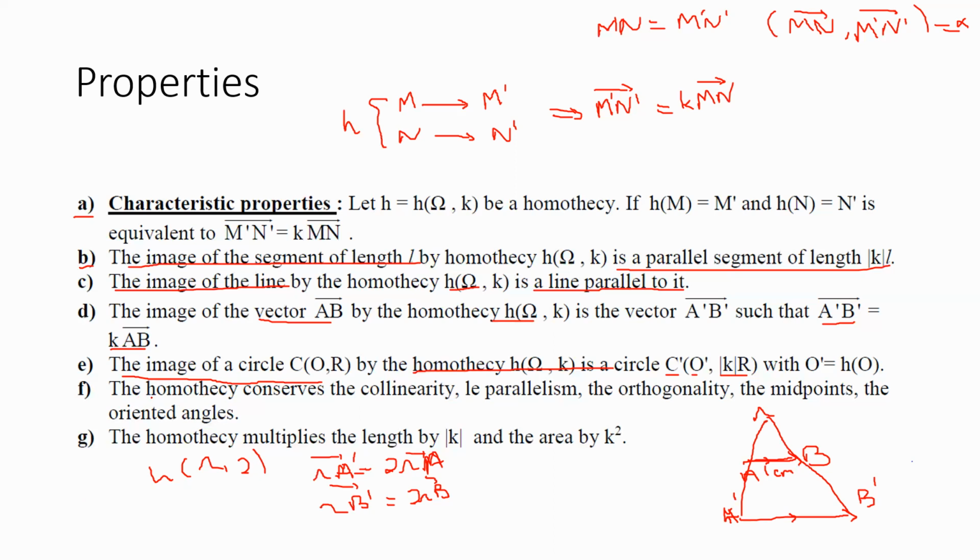The homothety conserves, meaning keeps, collinearity. Collinear means if A, B, C are three collinear points, then their images A prime, B prime, and C prime by H are collinear.